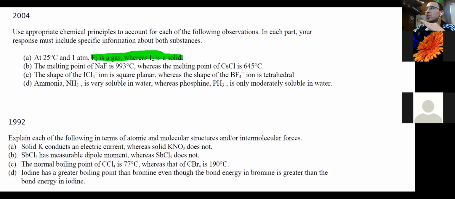So those are intermolecular forces. Intramolecular forces are things like a covalent bond, an ionic bond, a metallic bond, right? So those are the things actually holding the molecule together. So normally whenever we're talking about solids, liquids, and gases, you want to be thinking about IMFs, your intermolecular forces.